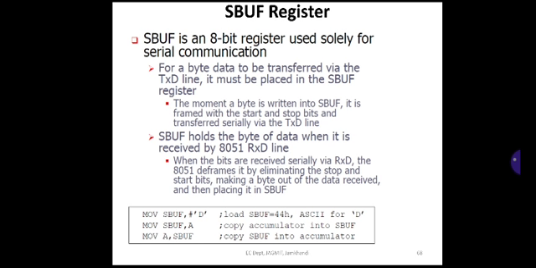So what it does is move the ASCII value of D, that is 44H, in hexadecimal for capital D, and that is copied into the SBUF register. After the execution of the first instruction, the SBUF register will have 44H.